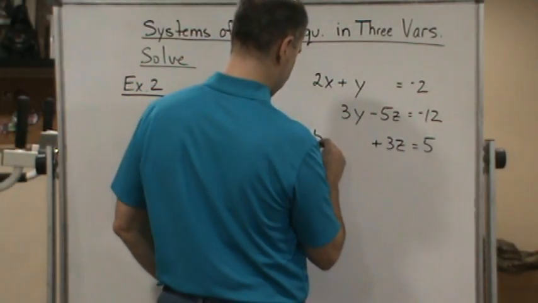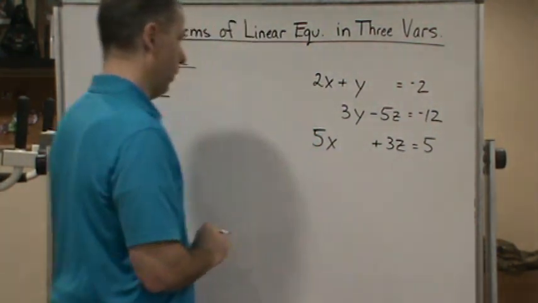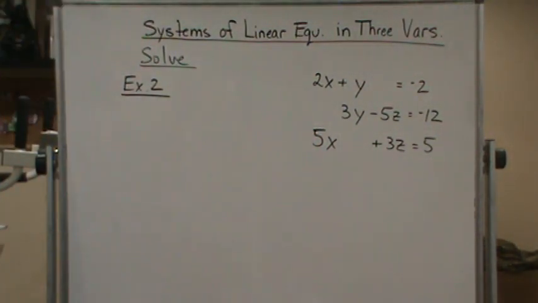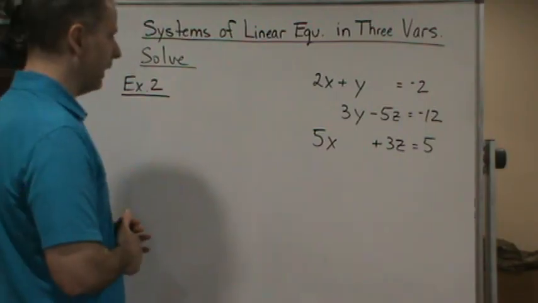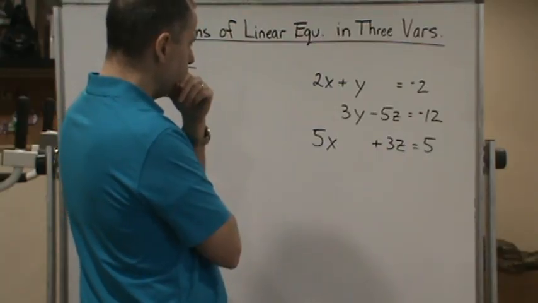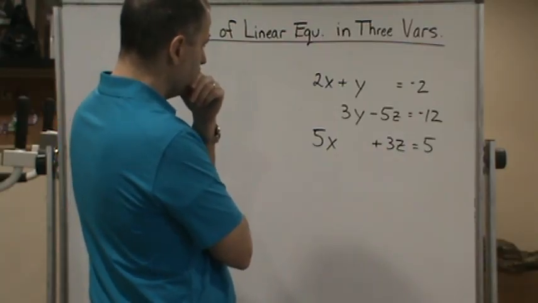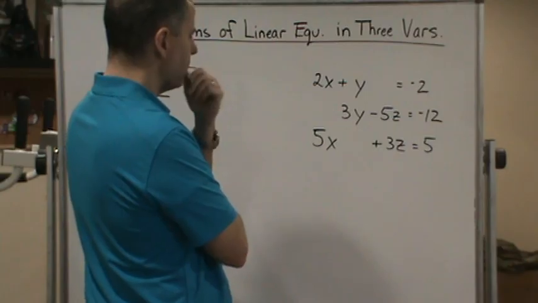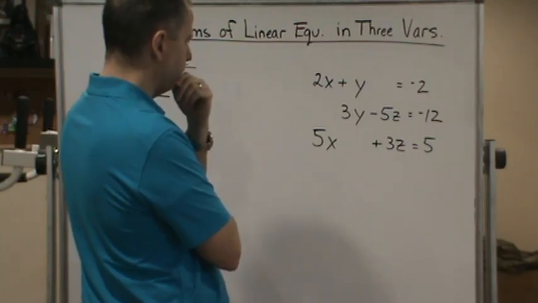So this should be 5x. There we go. Okay, so now in this situation here, what do we got? We've got equations that are missing variables in each one.